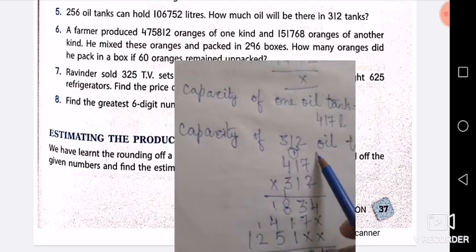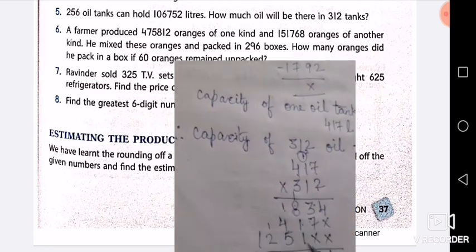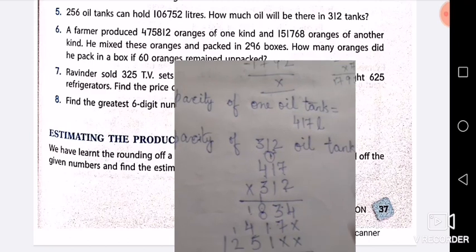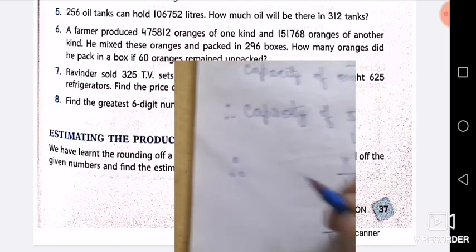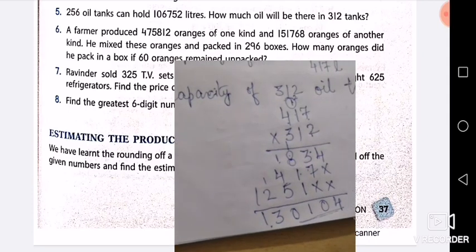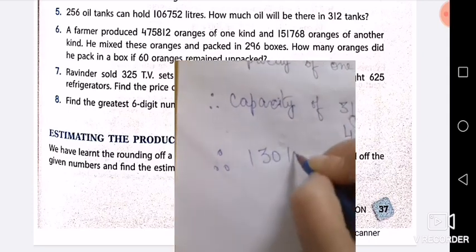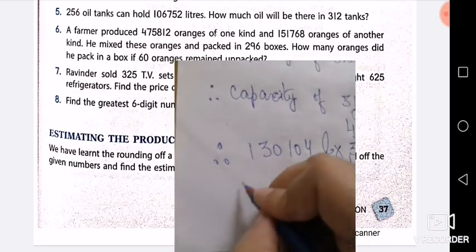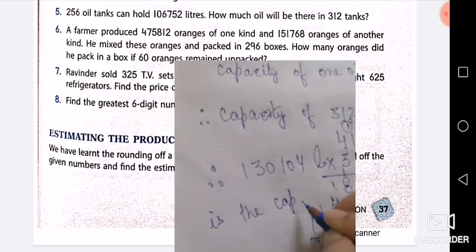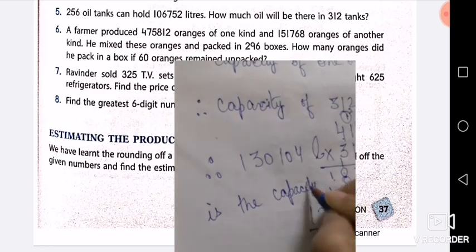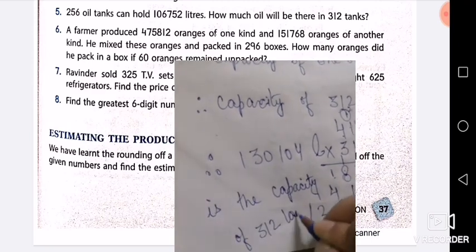312 oil tanks. Here only I have written therefore, so you don't require to write the solution sentence again. Again, if you want to write it, you can write therefore 1,30,104 liters is the capacity of 312 tanks.